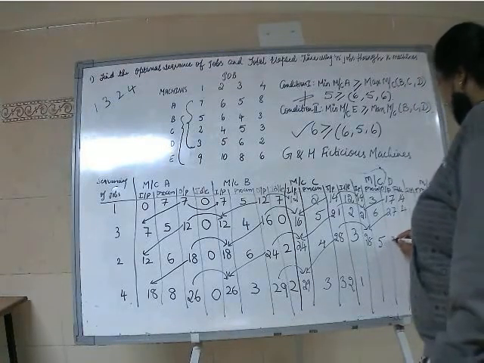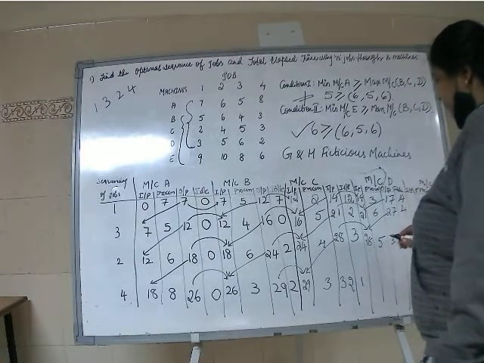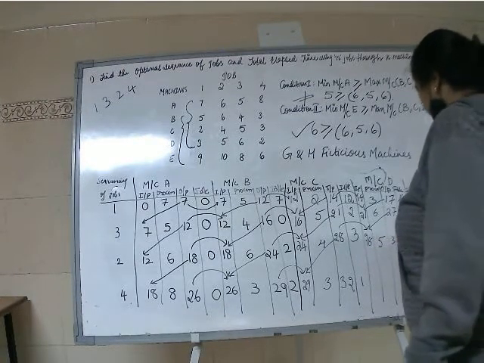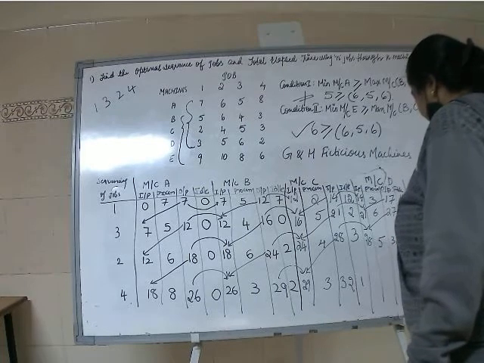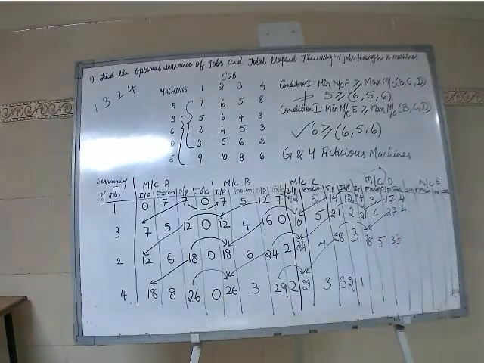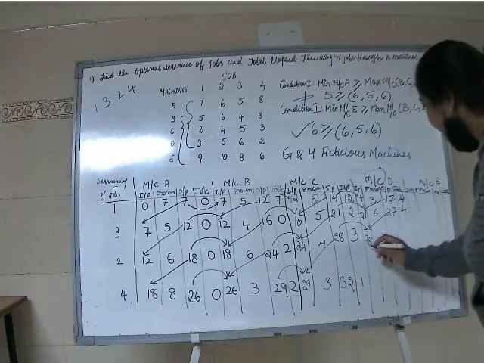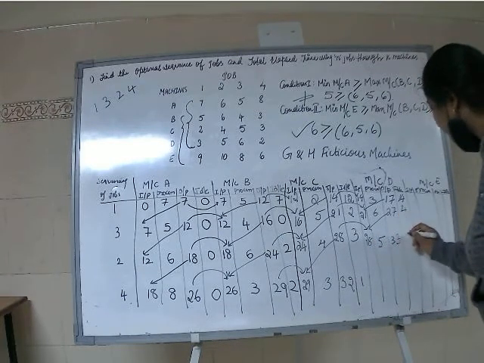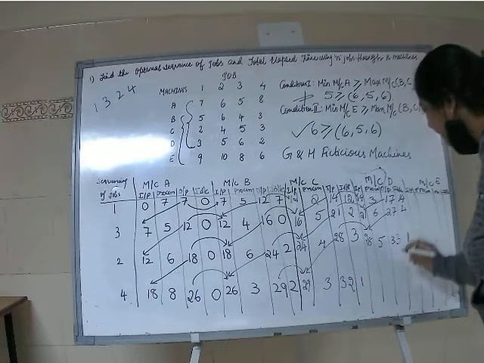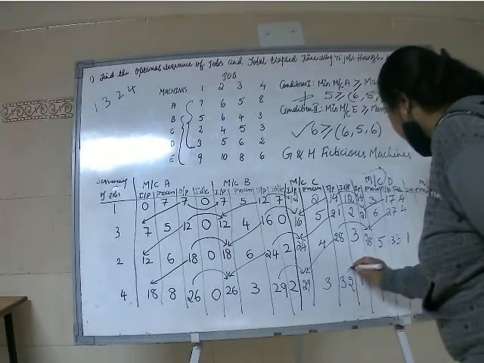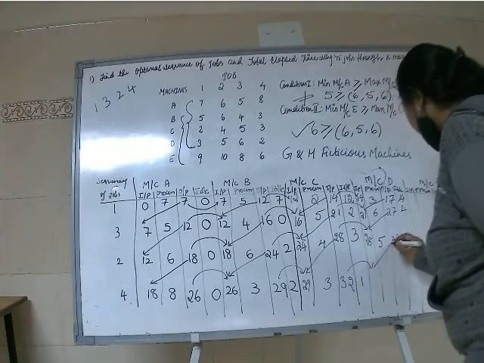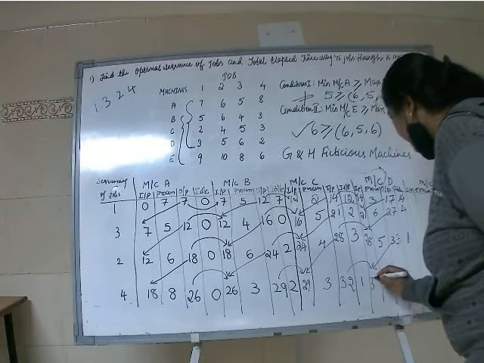So it becomes 31. 33, sorry. Okay, so here if I subtract 28 minus 27, it becomes 1. Then next 32 and 33. So 33 is the highest.